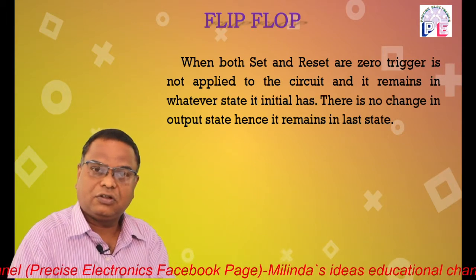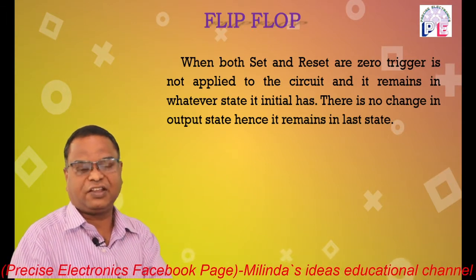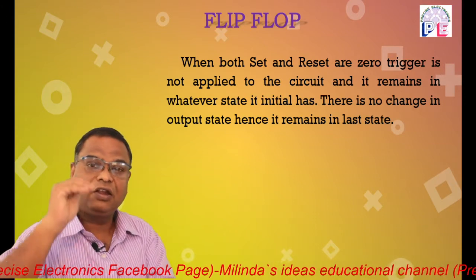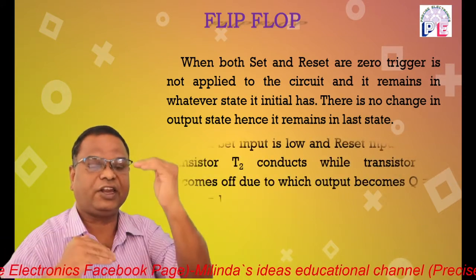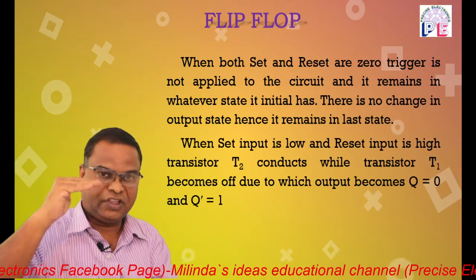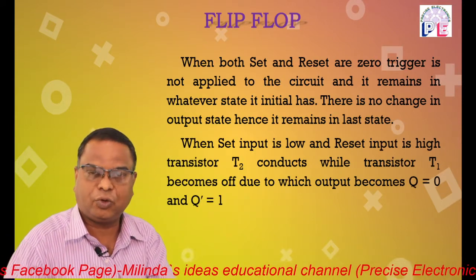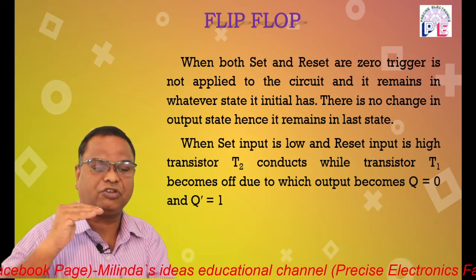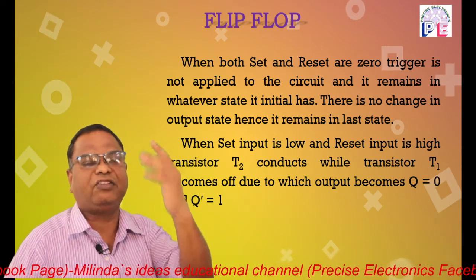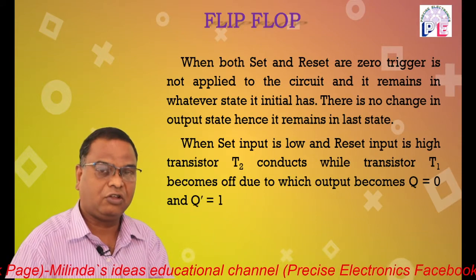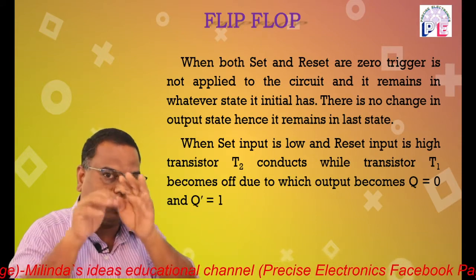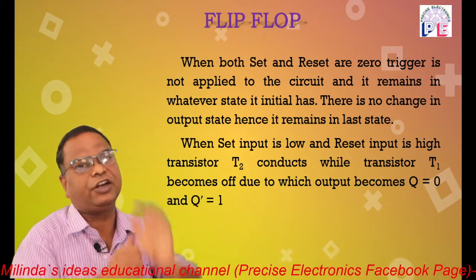Now friends, the next condition, the second case. The second condition is when the set input is low and reset input is high. When the set input is low, transistor T1 does not get the biasing potential, so it remains in off condition, while T2 gets the biasing potential because the reset input is high. So transistor T1 is in off condition and T2 is in on condition.